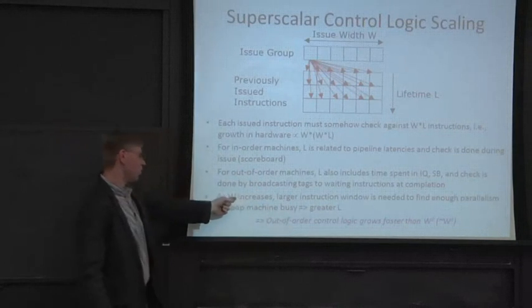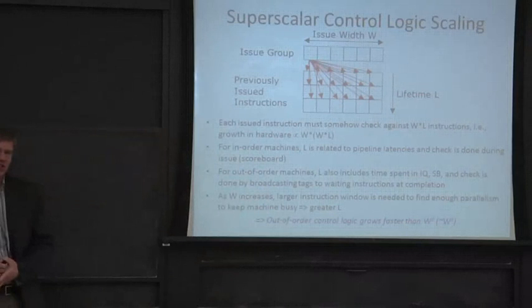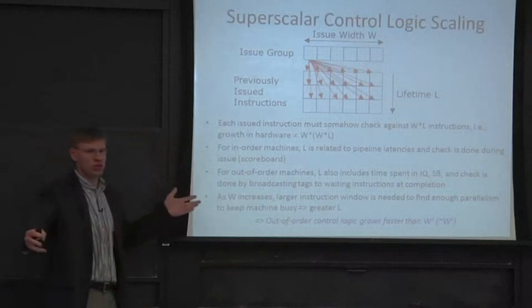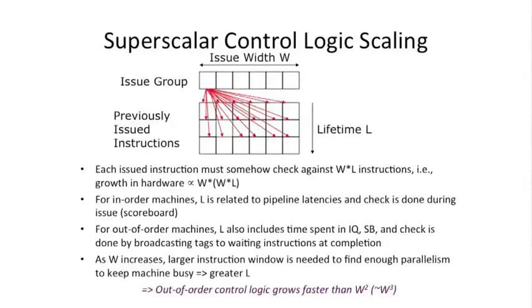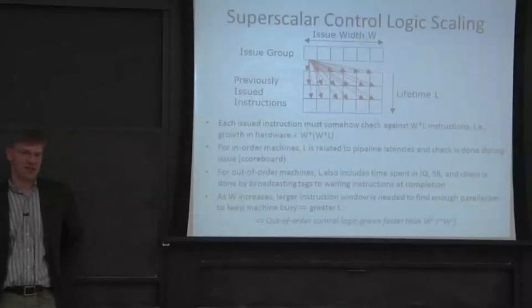And some things actually make this even worse. Here I have a little note that as you increase the width of your machine, let's say you had a 3-wide machine, and all of a sudden you want to go to a 4 or 5-wide machine, typically you also need a larger instruction queue or instruction window to look across in order to find enough parallelism to keep the machine busy.